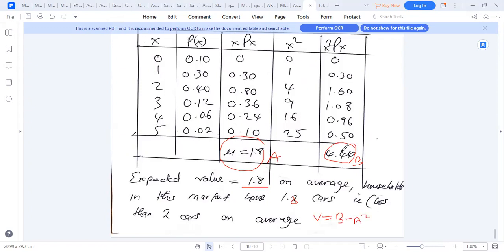So when you square this and you subtract it from there, what we get is called the variance. So the variance therefore will be what? 4.44 minus 1.8 squared. That is how we find the variance. And the standard deviation is when you square root that particular answer.